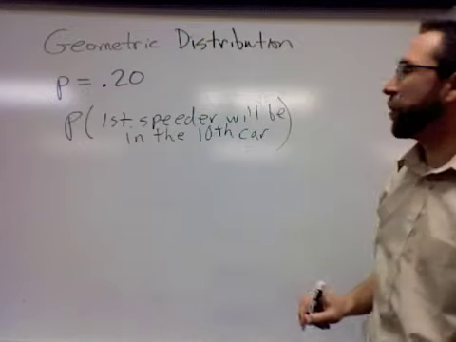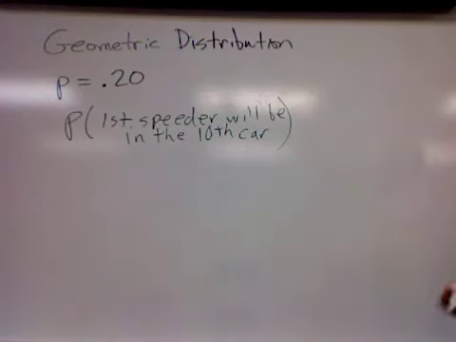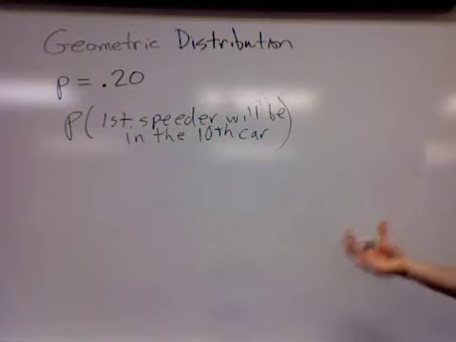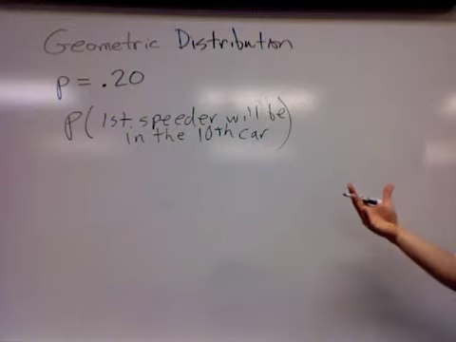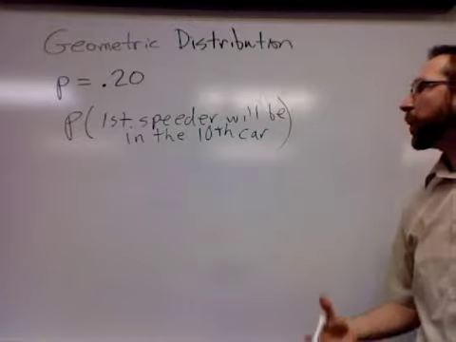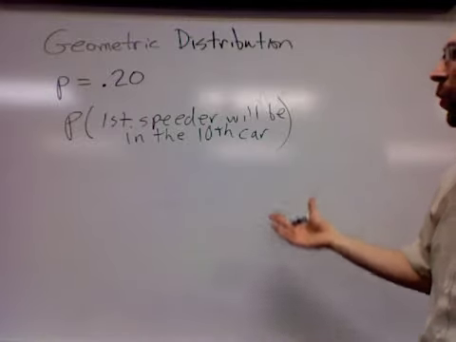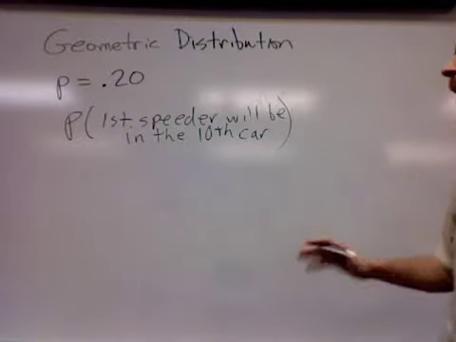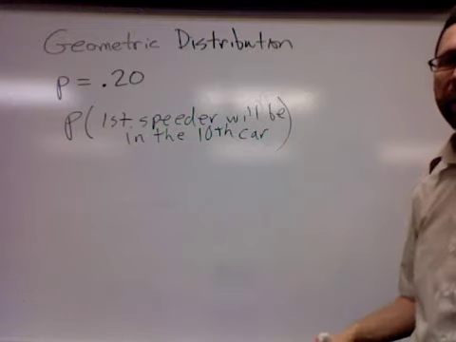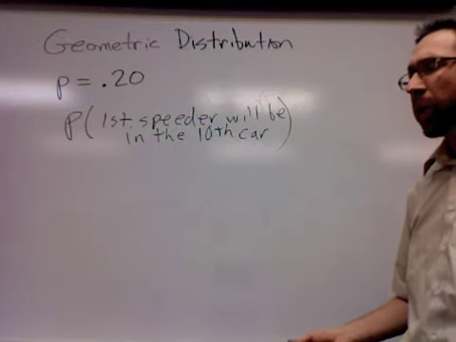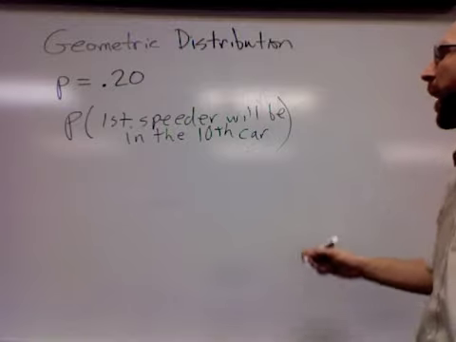With a geometric distribution, the total number of trials is not known. In the question, each question will change, in terms of, what's the probability that the first speeder will be in the 10th car, will be in the 20th car, will be in the second car. And all that can be determined using, well, you don't necessarily need to use the calculator to do that.